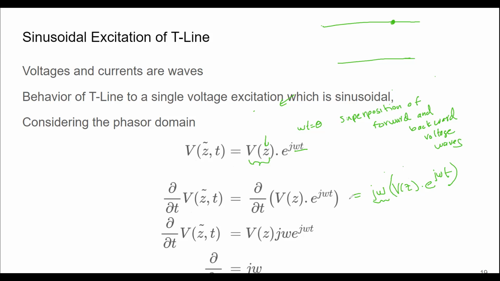If you can't understand this derivation, please let me know in the chat. I will answer your questions. So this is just a mathematical computation. You take the derivative of the voltage wave with respect to time, and then you are left with the original expression plus the j omega term, right?